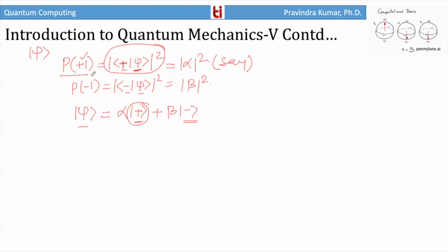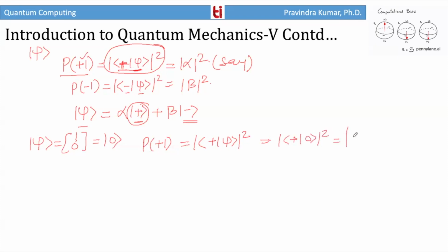And the probability of collapsing into state ket plus is the mod square of the inner product of quantum state plus and quantum state psi. Now, if I consider psi is (1, 0), or you can say psi is ket 0, then the probability of getting eigenvalue plus is the mod square of the inner product of eigenstate plus and actual state psi, or you can say plus and 0, which is 1 by under root 2 (1, 1) and ket 0, which is (1, 0).